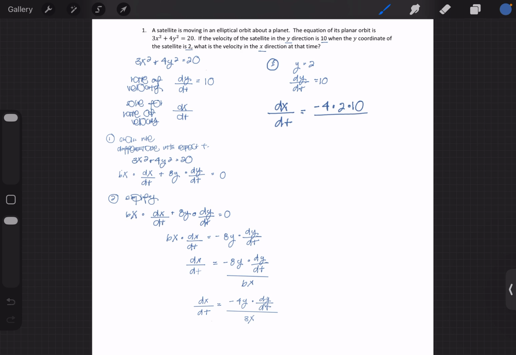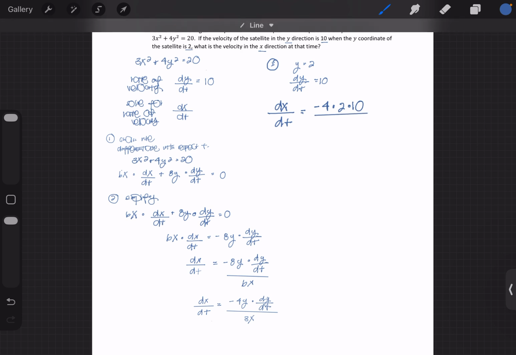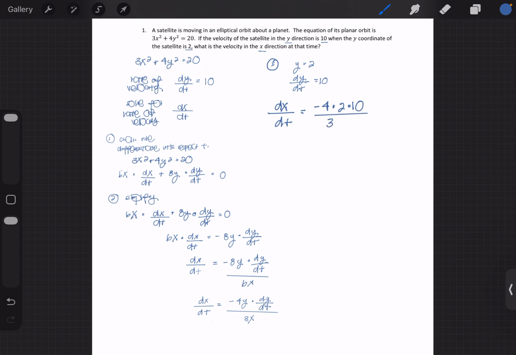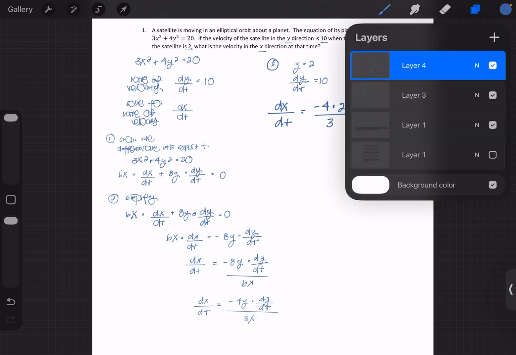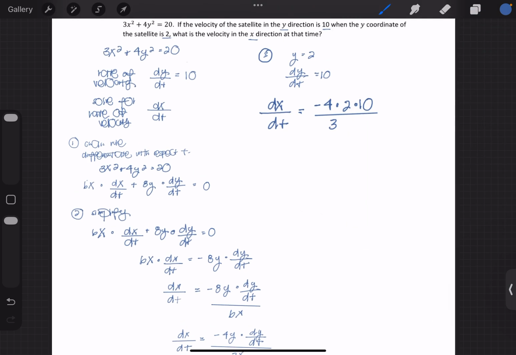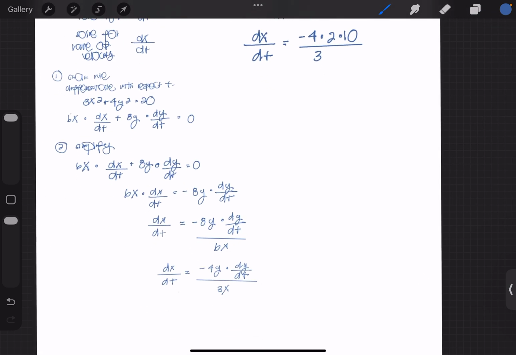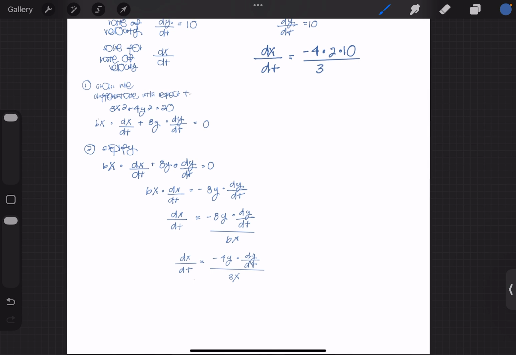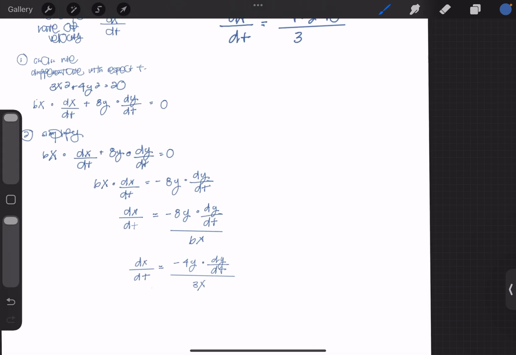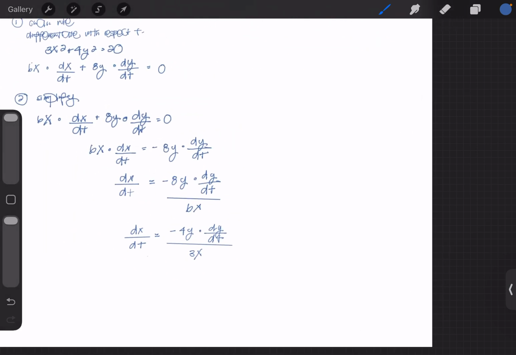And in the bottom, we have 3 and we have x, which I almost forgot. We need to solve for x. So I'm going to do it down here.